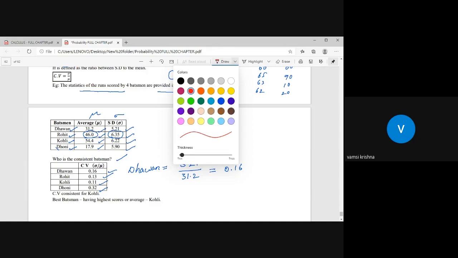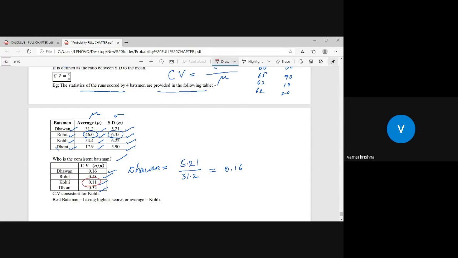Here Kohli has a very low coefficient of variation, that is 0.11. So he is the consistent batsman. Where the coefficient of variation is less, that gives you the consistent one.